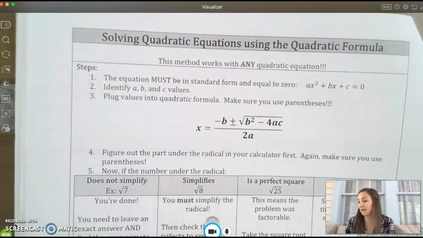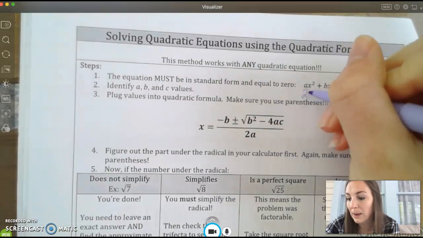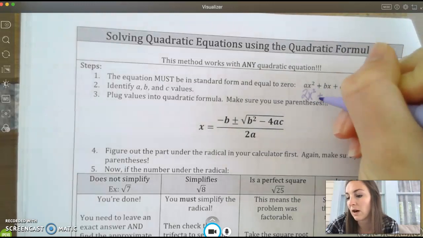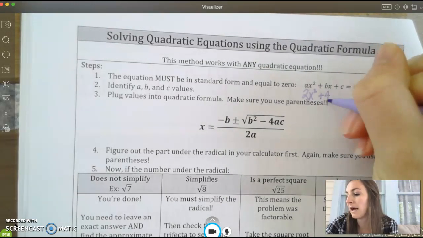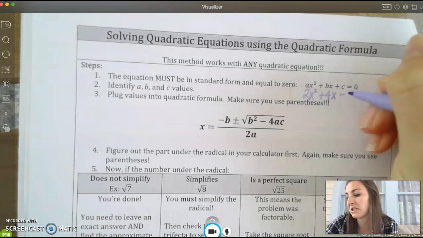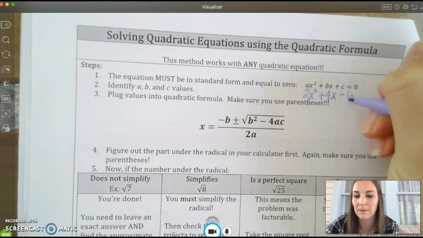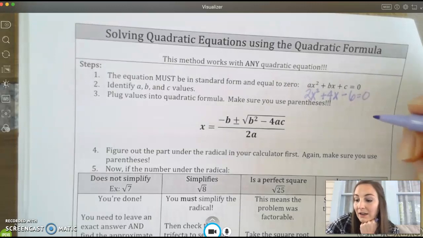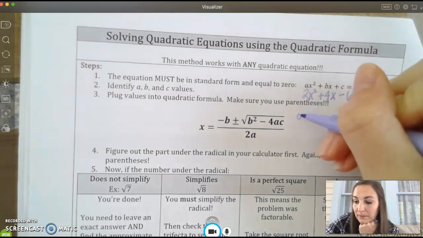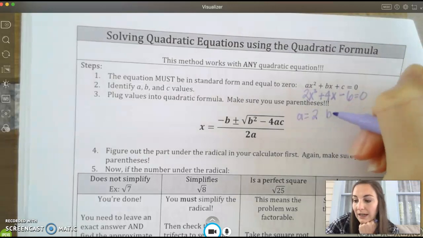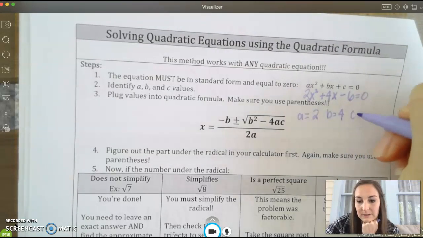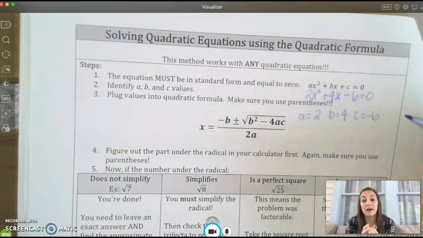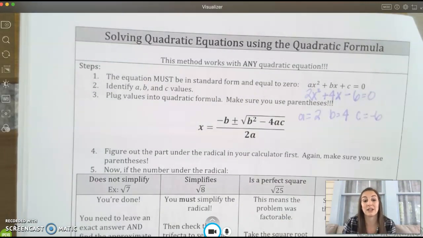So for example here, let's say this was 2x squared plus 4x minus 6. I'm making this up on the spot here. So if this is our quadratic, our a is 2, b is 4, and c is negative 6. So again, whatever value goes with the x squared, the x, and then our constant.